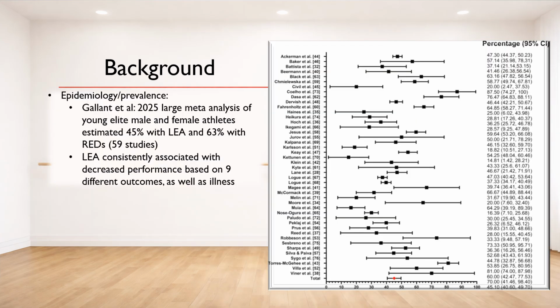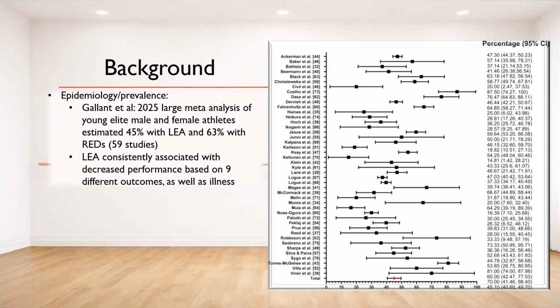In addition, epidemiological studies are limited by the evolution of the definition and the way that we talk about the triad and REDS. A large and recent study by Gallant et al. combined 59 studies in over 6,000 athletes in total and characterized a rate of 45% of these athletes demonstrating low energy availability and 63% with REDS.